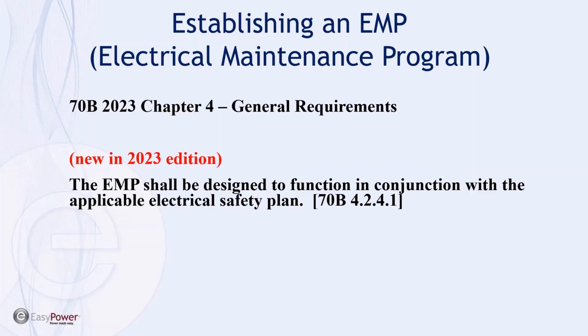And then the last reference back to Chapter 4 references that the electrical maintenance program shall be designed to function in conjunction with the electrical safety plan. So again, we see that tie back between, I'm going to say, a broader electrical safety plan and a more specific electrical maintenance plan. And then even in the structure of that electrical safety plan, I'll comment that there's almost another sub-plan of your lockout tagout protocols by devices.